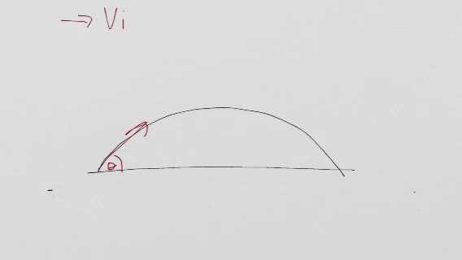It is the resultant, this numerical value for this actual velocity is the resultant of the x component of the velocity and the y component of the velocity. Okay? So that's the same thing as saying VI squared is going to be equal to what? VIX squared plus VIY squared, right?